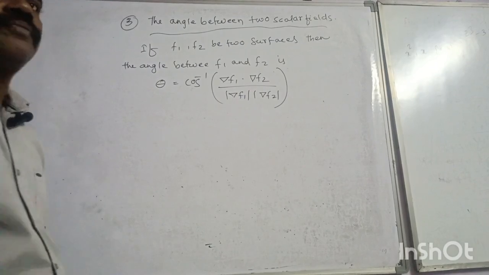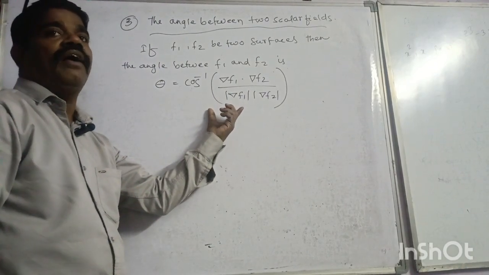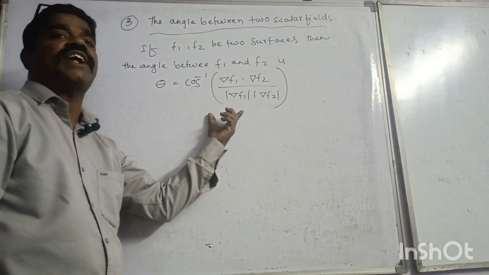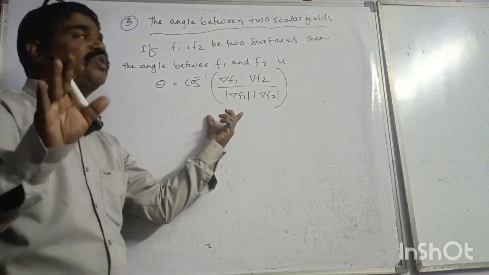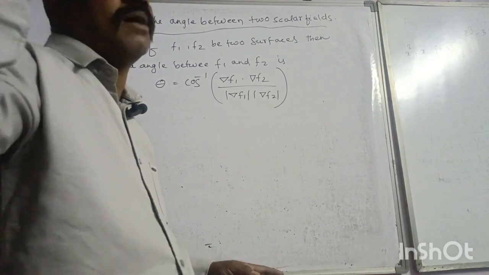Have you understood? This is nothing but the angle between the two surfaces. Understand? I will give one example to you. Don't worry. First I will tell the fourth point and fifth point. Then after I will give the example.